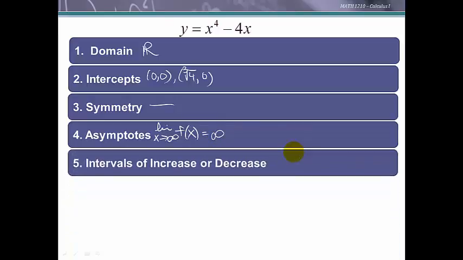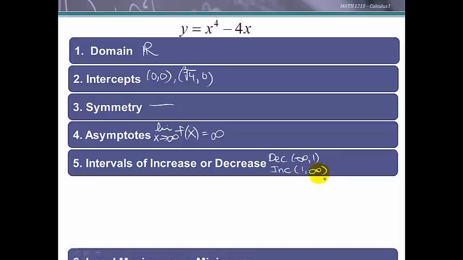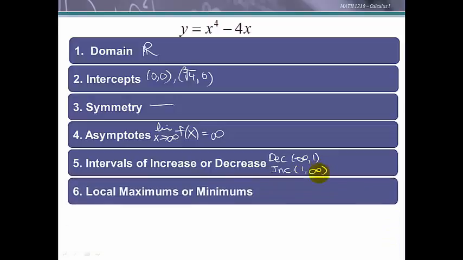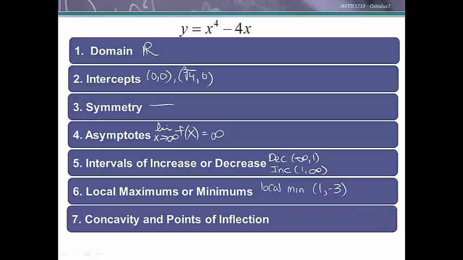Looking for our intervals of increase or decrease, we saw that it was going to be decreasing from negative infinity to 1, and then increasing from 1 to infinity. Our local maxes or local mins, we found out that there was a local minimum at the point (1, -3). And our concavity, we found out it was concave up everywhere.